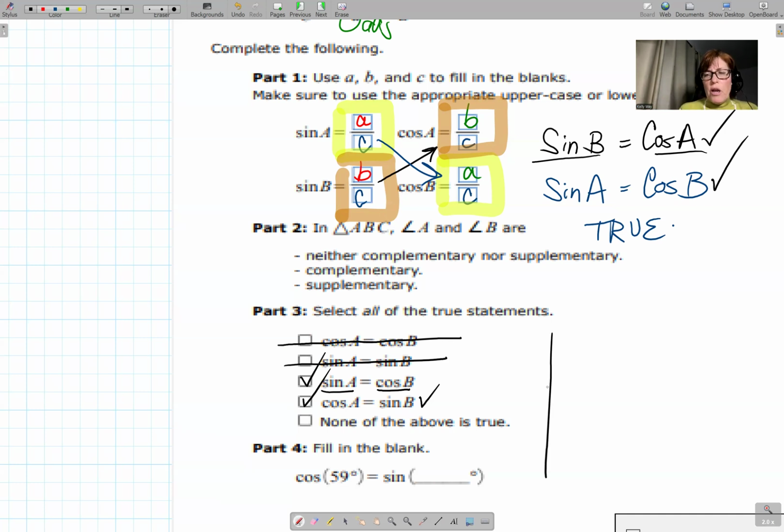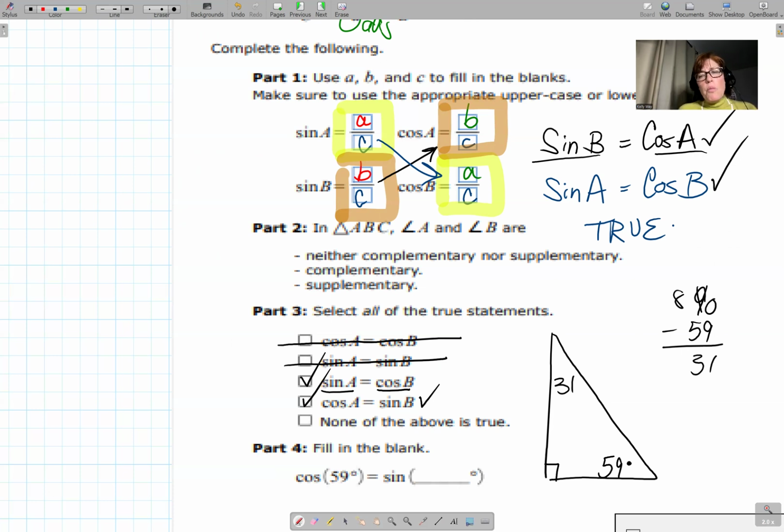So if I have a triangle here, and I have 59 degrees here, for the other angle you simply do 90 minus 59. We get 31. So the cosine of 59 would be the same as the sine of 31.